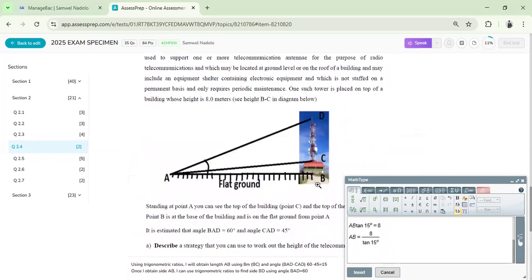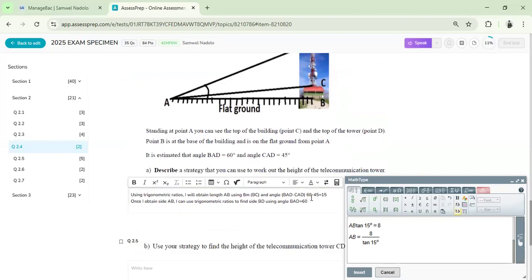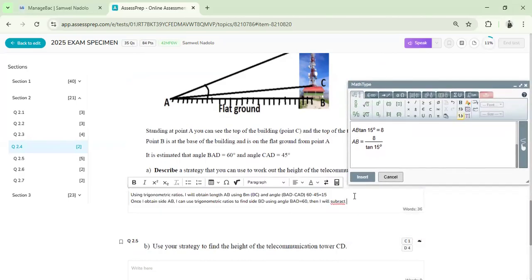So you're going to find BD, and then after you find BD, I will subtract 8 meters from this value.